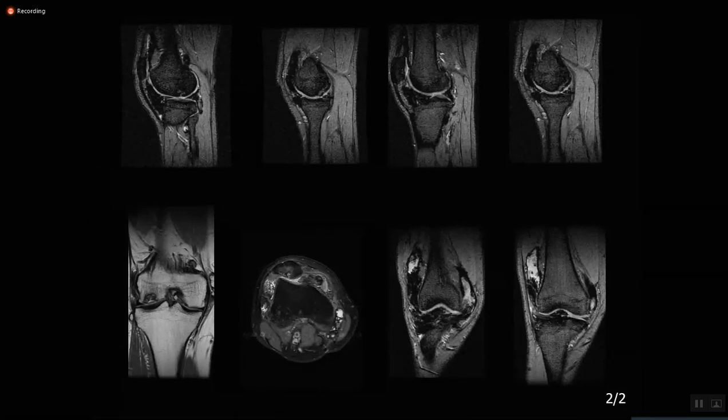What sequences are these ones? At the top I've got PD FATSAT and or T2 sagittals, and the first on the second row is T1, and then axial T2 FATSAT.